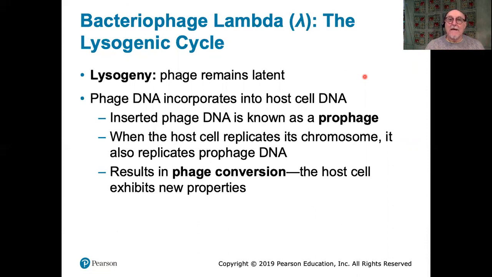The reason for that is that instead of immediately beginning to produce viral particles, the DNA is incorporated into the host DNA. It becomes part of the host DNA, and there's no other sign that viral infection has taken place. That insert of DNA into the host genome is called the prophage. It's prophage because it's preparatory to the formation of the viral particles, the phages themselves.